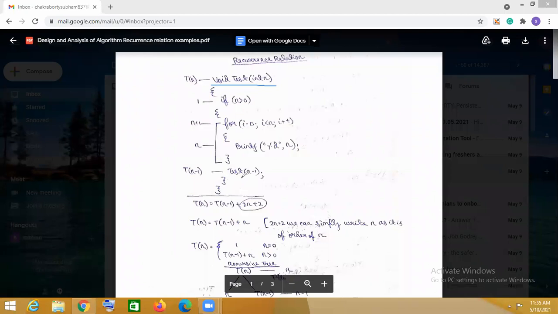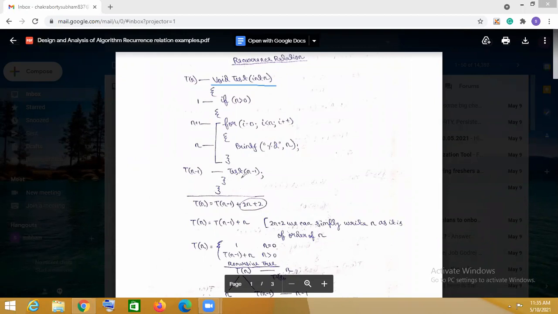In previous classes we have shown that we can use two types of methods to find its recurrence relation.